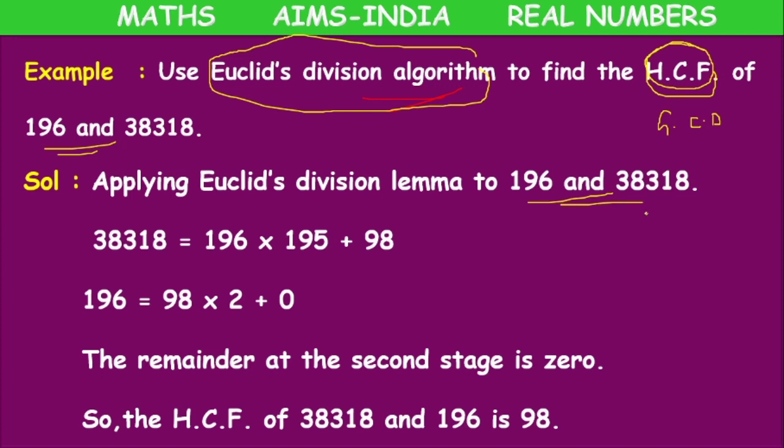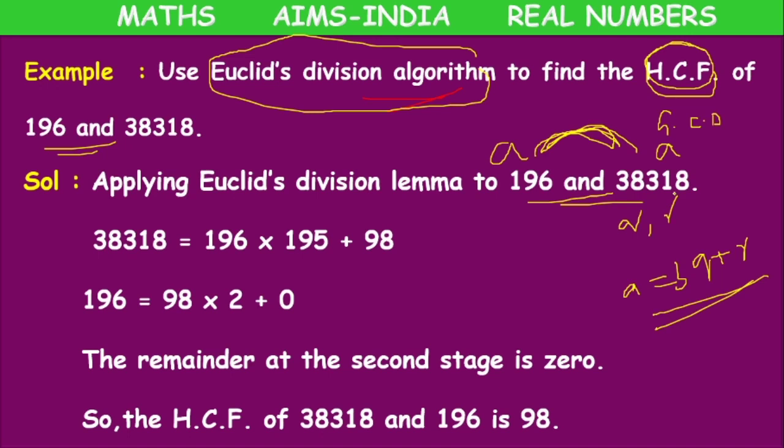What we have learnt in Euclid's division lemma is that for two positive integers A and B, there exist two more integers Q and R such that A equals BQ plus R. Now they have given integers A and B. The bigger value we take as A: A is 38,318 and B is 196. According to the division lemma, how can we write it?